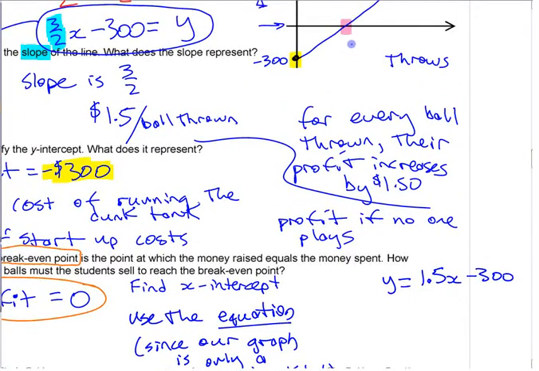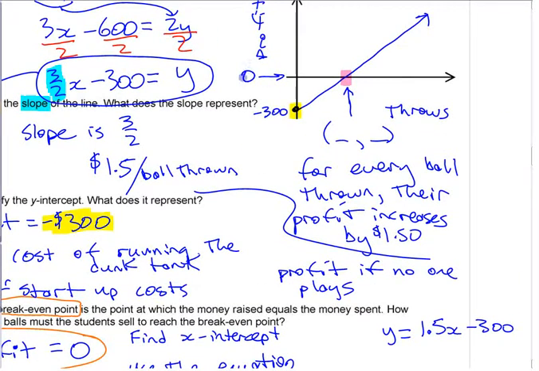What's true about the coordinates of this point here? You have two coordinates. You don't know what the x coordinate is, but you do know what the y coordinate is. What's the y coordinate at the x-intercept? Y is 0. You know that y is 0, but you don't know what x is.